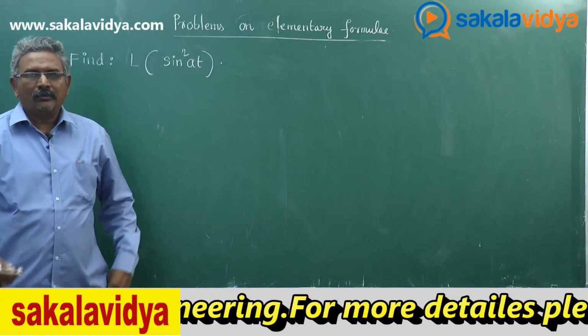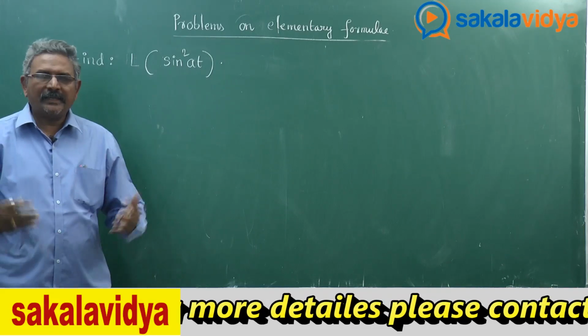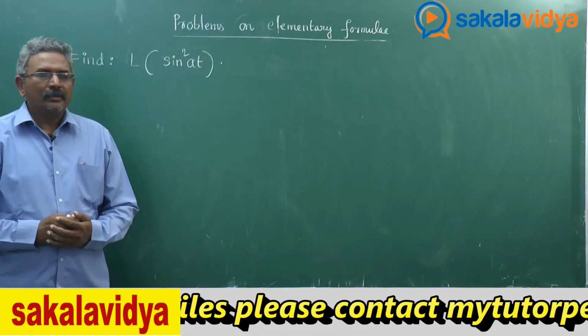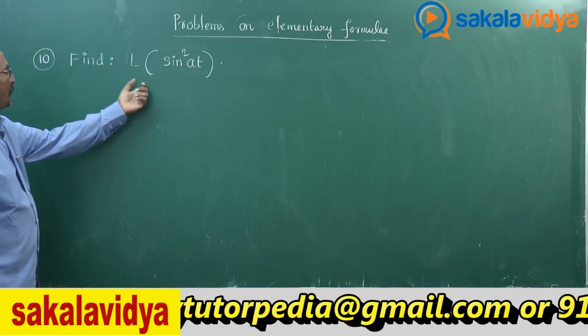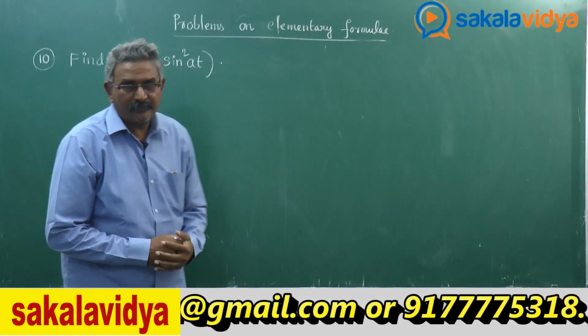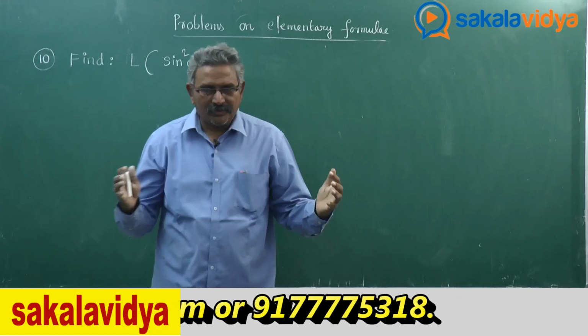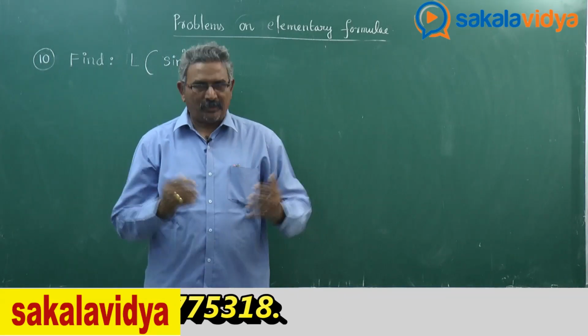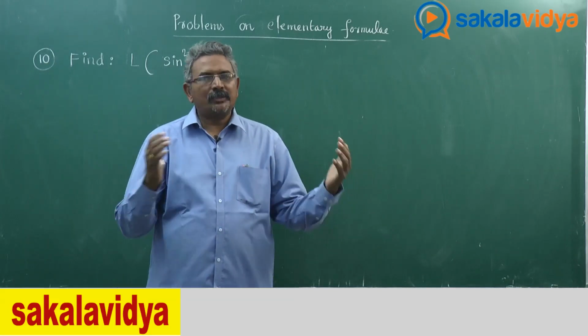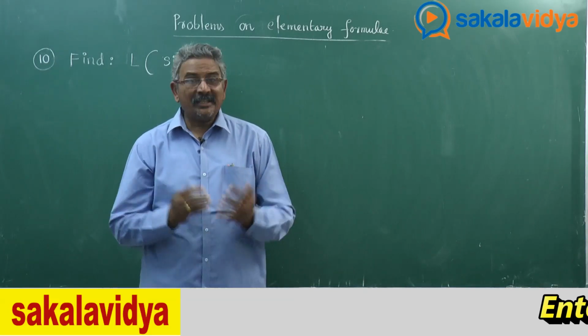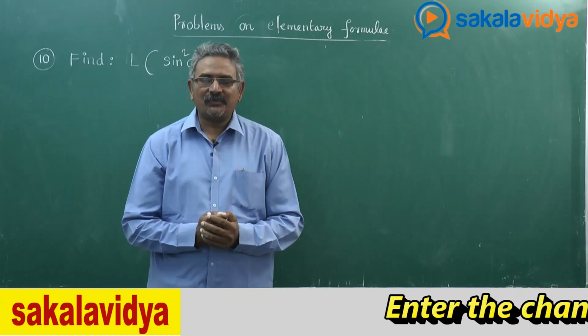Let us solve one more very important problem. Find the Laplace transform of sin square of at. This cannot be done directly using the basic formulae, so we have to put it in terms of the basic formulae so that the problem can be solved. What does sin square theta stand for?